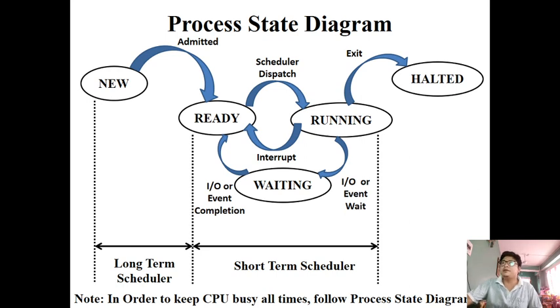So this may be a situation. In that kind of situation, the process might be shifted from the running state to the ready state. An interrupt will be generated, with the help of which the shifting of the process from the running state to the ready state will go in this direction.